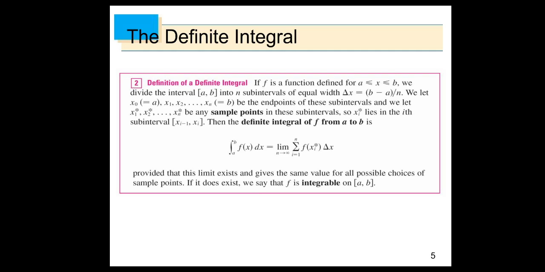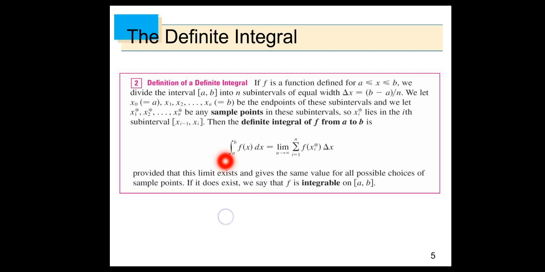So here we can see integration a to b. It means that this is the definite integral because it is having the upper and lower limit, right? Here this is the lower limit and this one is the upper limit, so we can say this is the definite integral.